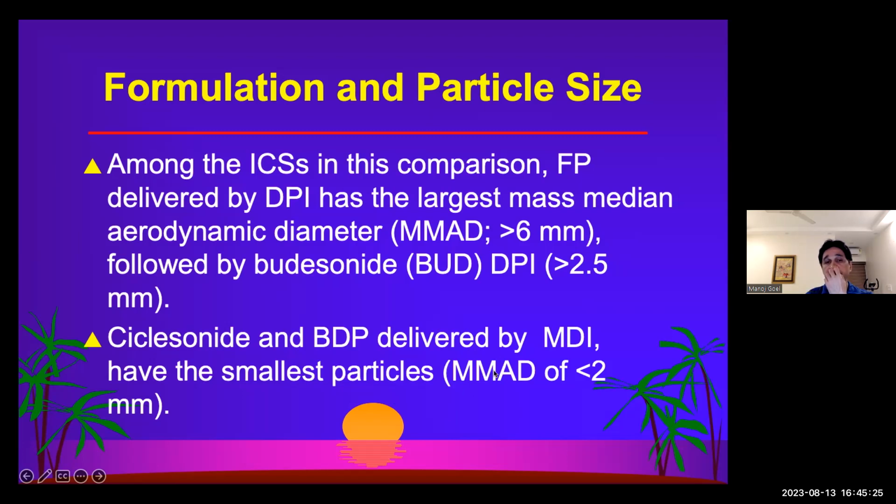So if you are looking at ultrafine particles, then budesonide is the drug which has the ultrafine particles. Sorry, it is beclomethasone dipropionate, not budesonide. Beclomethasone dipropionate, which in fact is a prodrug, is converted into beclomethasone monopropionate, which is the molecule used for the therapeutics.